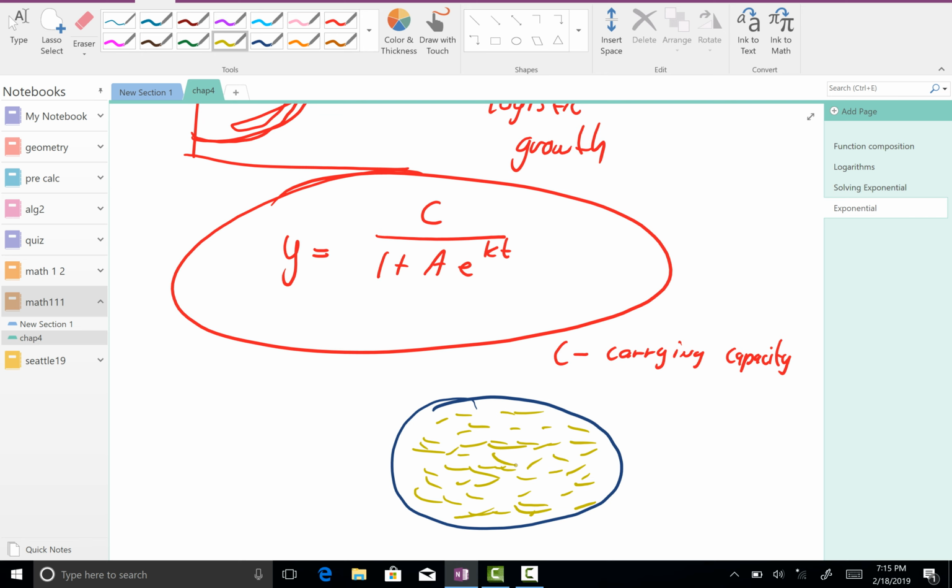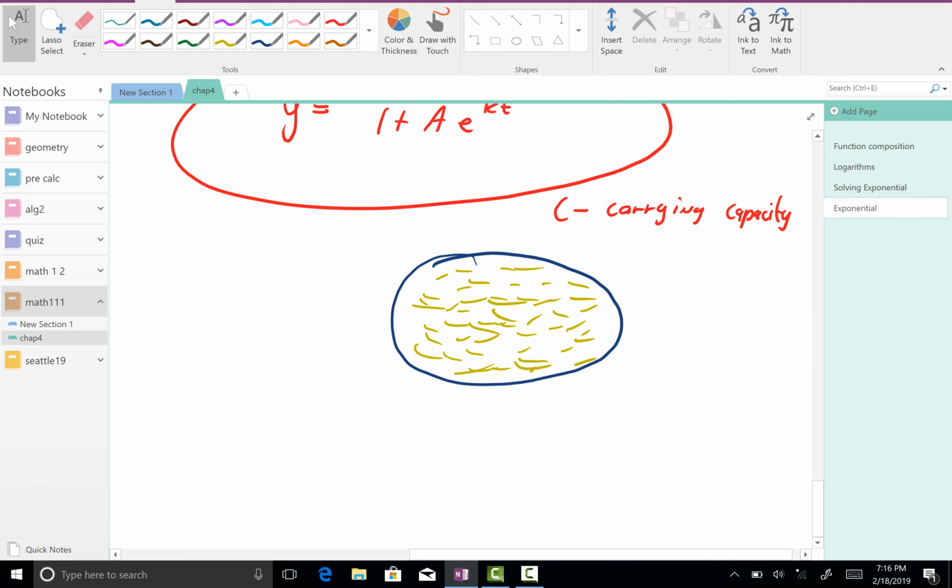There's not going to be enough food for the fish, and so the population is going to start leveling out. It might even decline a little bit. So that's logistic growth. It grows, grows, grows, and then it has some sort of carrying capacity, which is that limit. Again, they give you the equation on 24. They tell you, here's what it is. This is on a population of, I guess, eagles, it looks like.